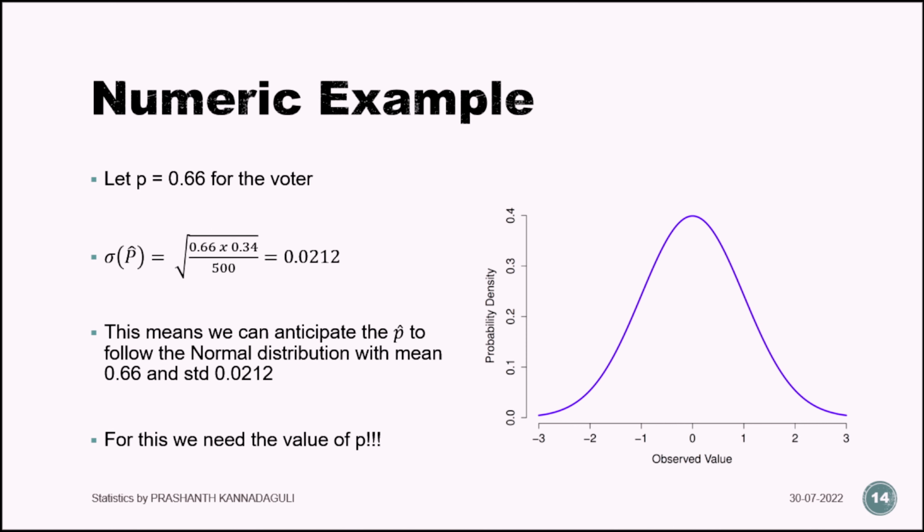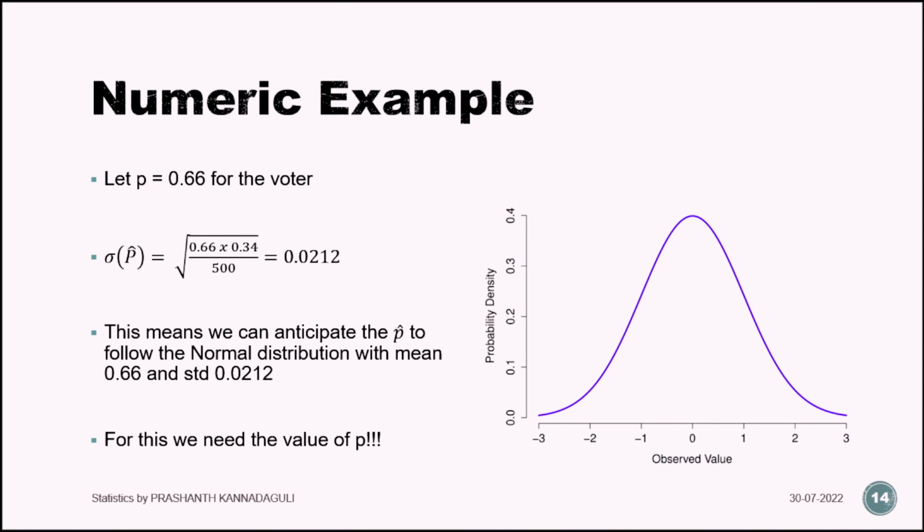But this is valid only if you know the P. As of now, I said, okay, assume that you know, but right now we don't. So we have to find out a method. Either you calculate the P from the P cap. That's the first thing.